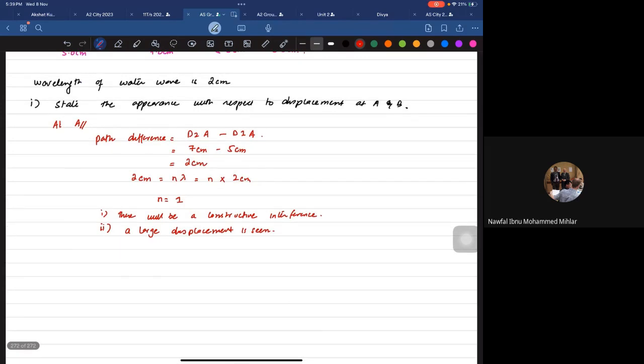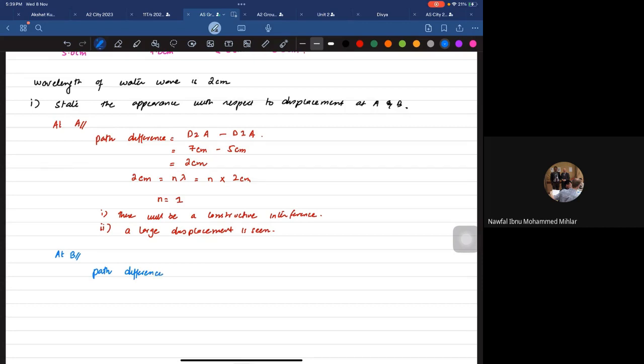For part B, instead of large, can we say maximum? No, you cannot. Maximum happens at the center. You can't say that. Is it clear? This is not the center. Center is at 0.